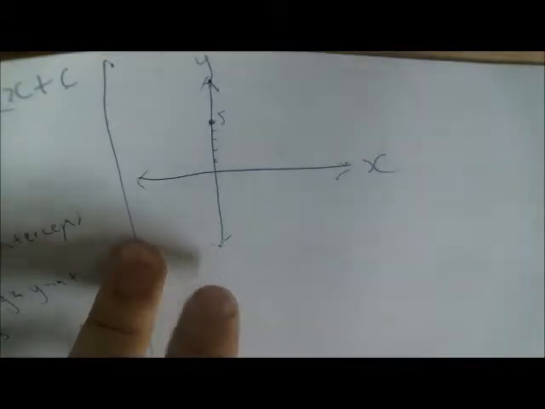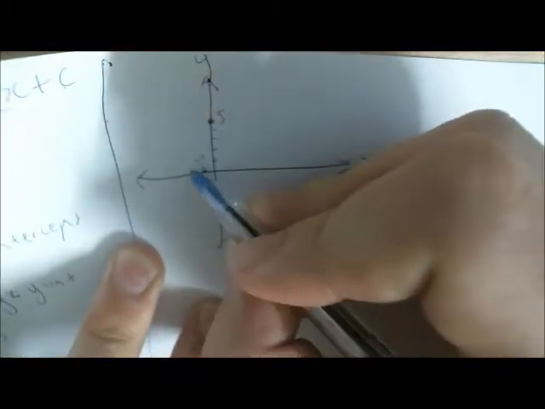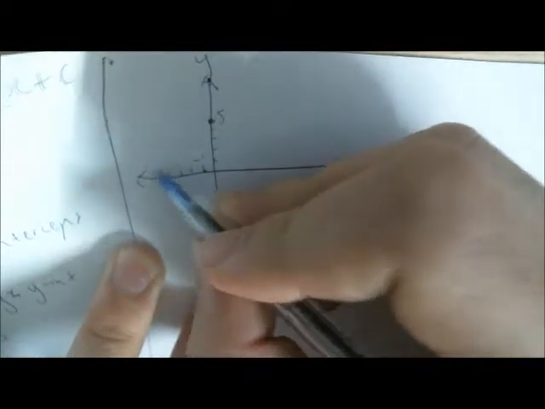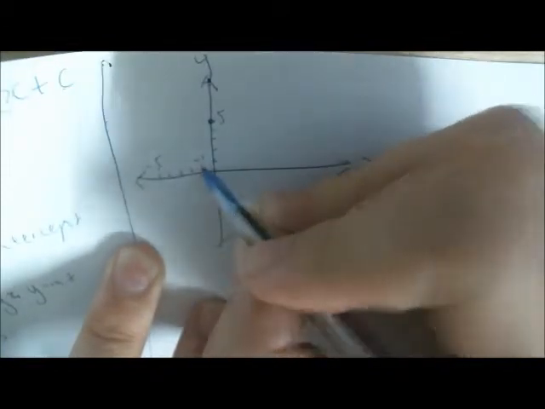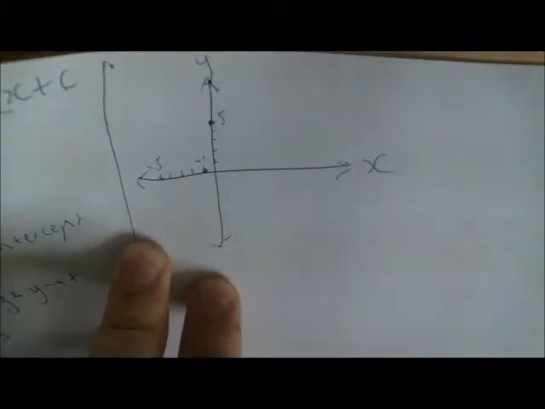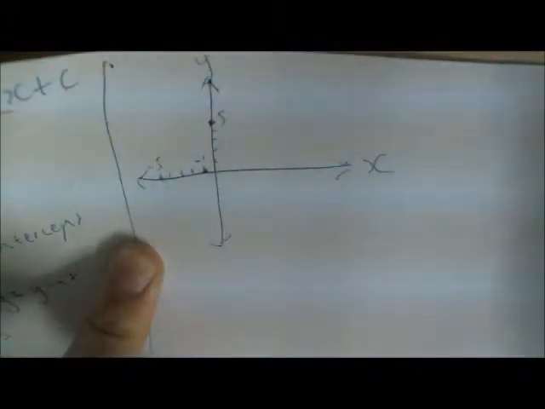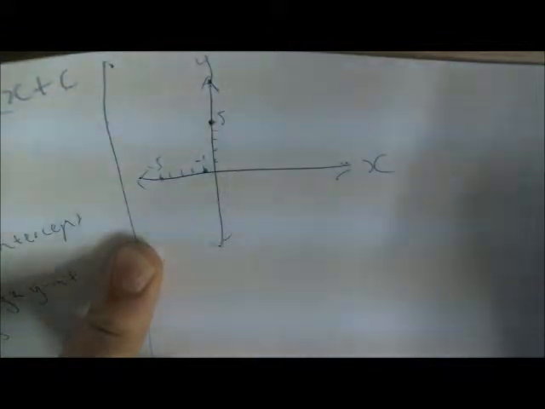We said the x-intercepts are at -1 and -5, so we go -1, -2, -3, -4, -5. So these 3 points tell us whereabouts the intercepts are. There's one last thing: we don't know where the turning point is.